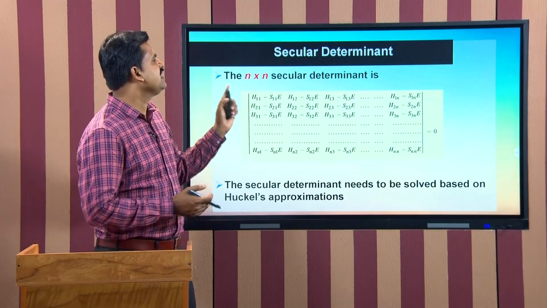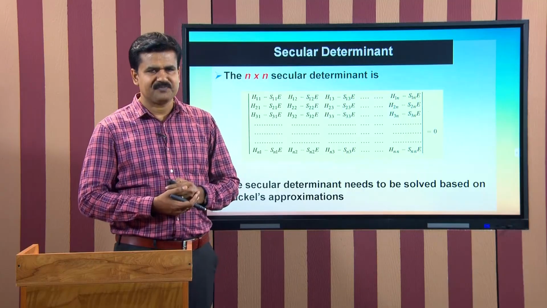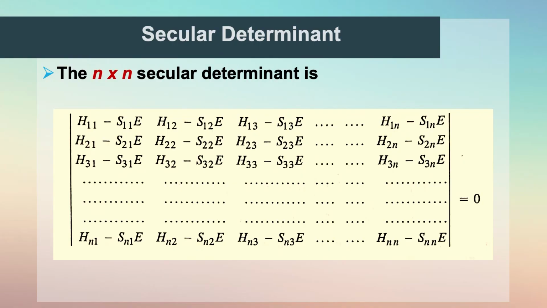Now, the n by n secular determinant takes this long form. The first element of the determinant is h11 minus s11 e, then h12 minus s12 e, h13 minus s13 e, etc. up to h1n minus s1n e.